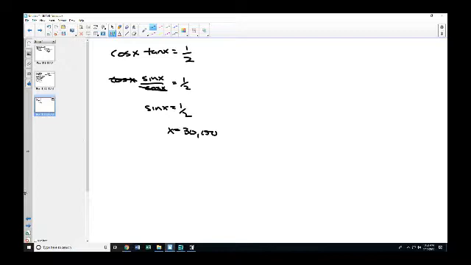Okay, here's one. 3 times cotangent squared. Again, isolate, get rid of the 3. So add 1, divide by 3.